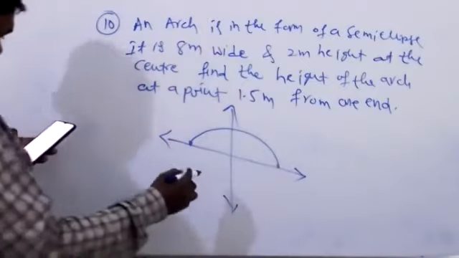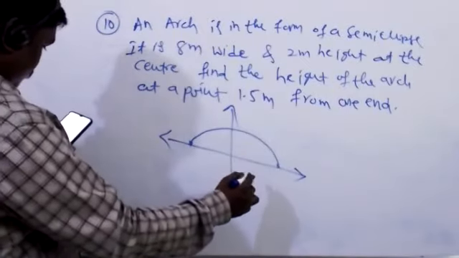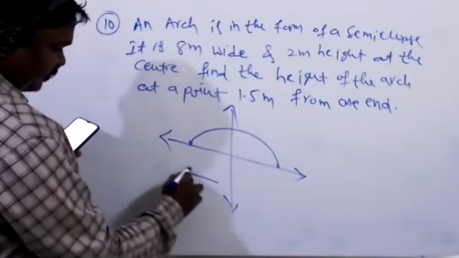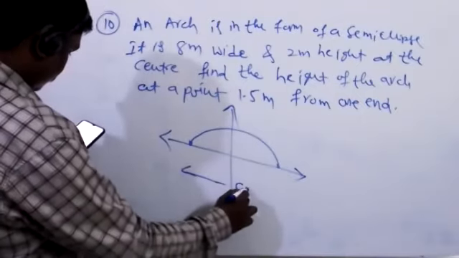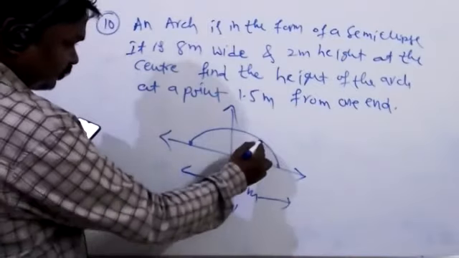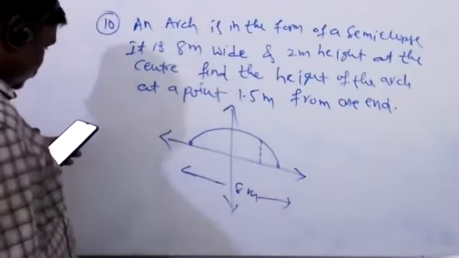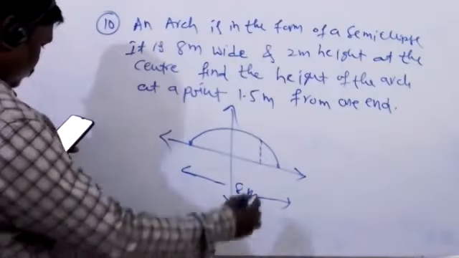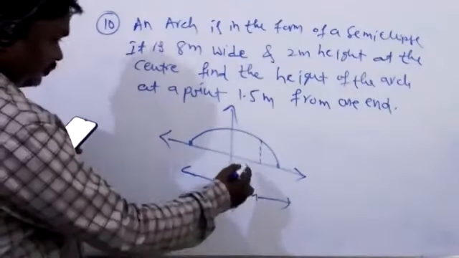Semi ellipse. Total width. And this distance is 2 meters.